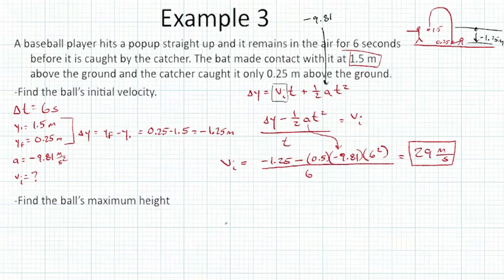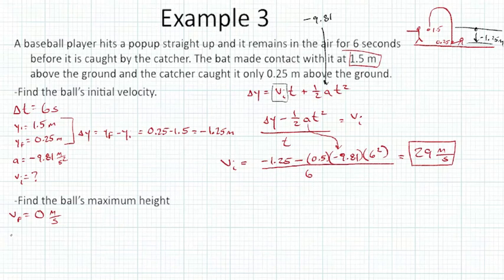So we're going to find the ball's maximum height in the second part. Well, at the maximum height, our final velocity equals 0 meters per second. We talked about that today. At the top of a peak, if you throw a ball up in the air, at one instant in time it's going to be 0 meters per second as it's changing direction.